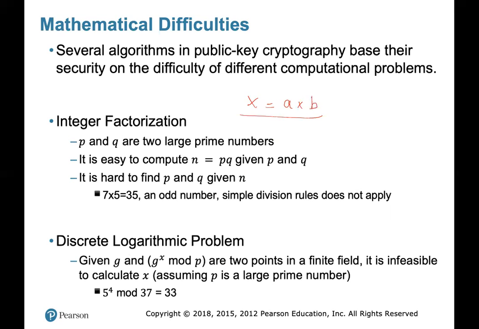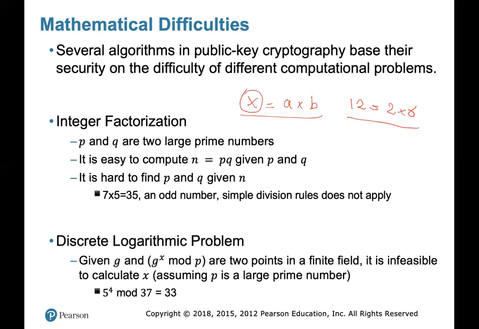If you give me x and I can find a and b in such a way that a times b equals x, I can claim that I could factorize x. For example, 12 can be factorized as 2 times 6, right? So this is the factorization process.